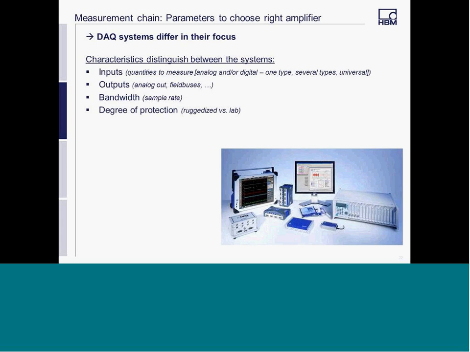Where you need a much higher degree of protection, waterproof and all that stuff. Arrangement. Do I need a centralized system? Maybe I'm in a lab and I need a 19-inch system, or I'm on a bridge where I have kilometers in between. That means I need a decentralized system.